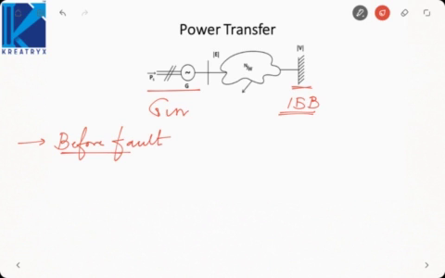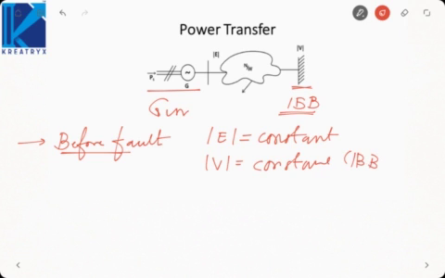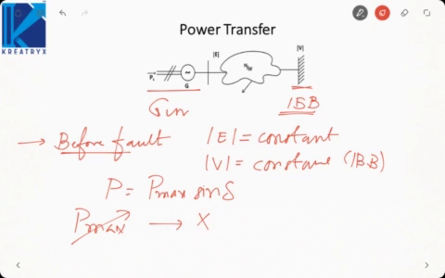Now, as I told you, |E| is treated as constant, just now we took an assumption. |V| is constant because it is a part of the infinite bus bar. Now power actually depends on Pmax sin delta. So if you have to keep Pmax as variable, E and V are constant, we will consider the effect on transfer reactance.